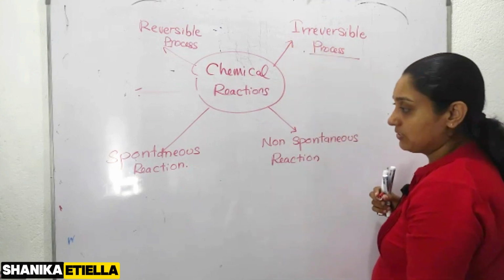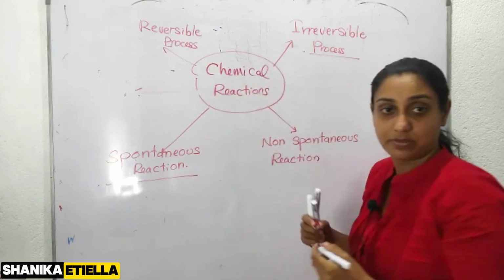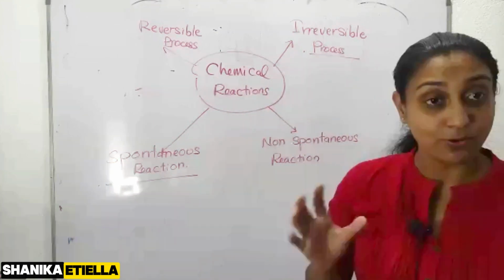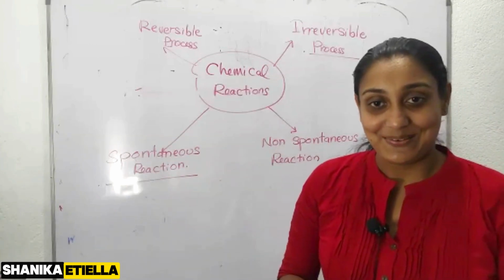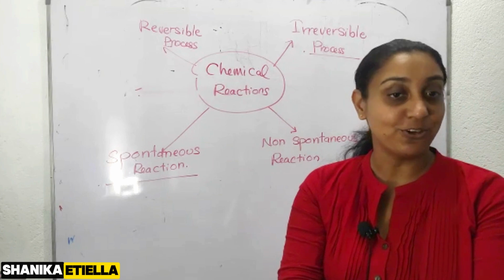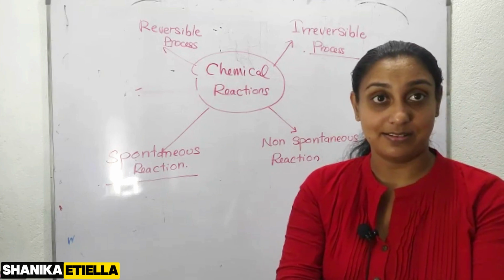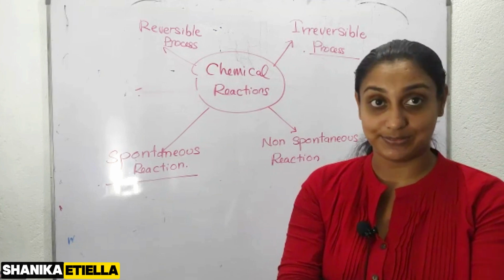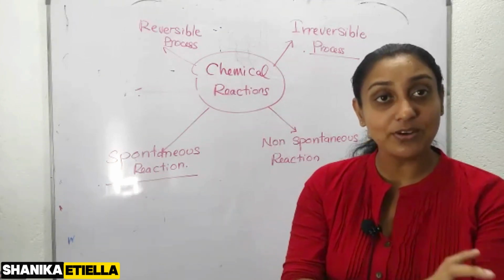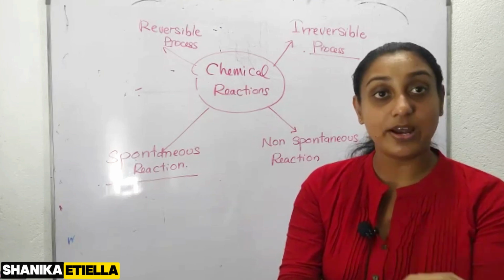Okay. First write down what a spontaneous process is. Spontaneous processes are chemical reactions that occur naturally. What are the natural chemical reactions that we know? Photosynthesis, blooming a flower, seed germination, cellular respiration, food ripening.